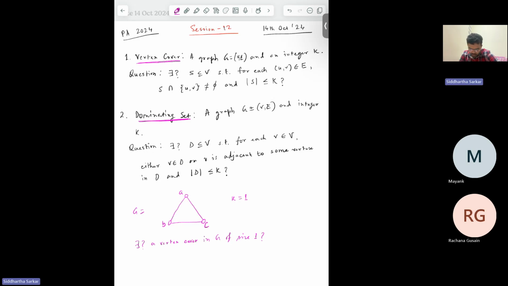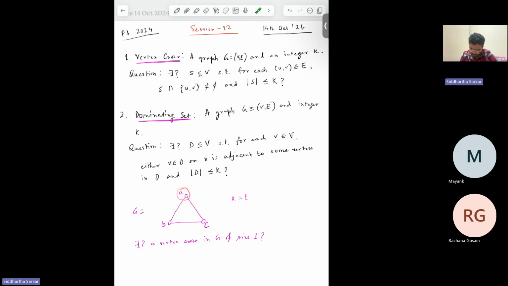You have the liberty to pick any of the vertices. Let us say I pick vertex A. With vertex A, how many edges can I cover? All the edges that are incident to A. Two edges are incident to A, AB and AC. These two can be covered.